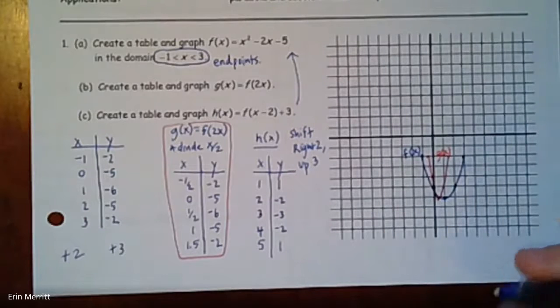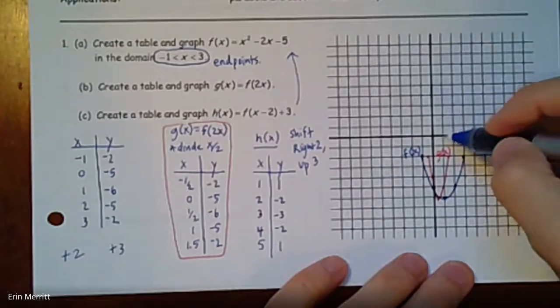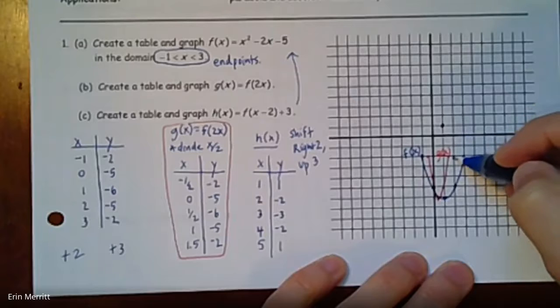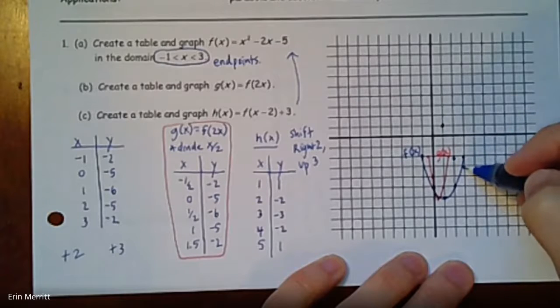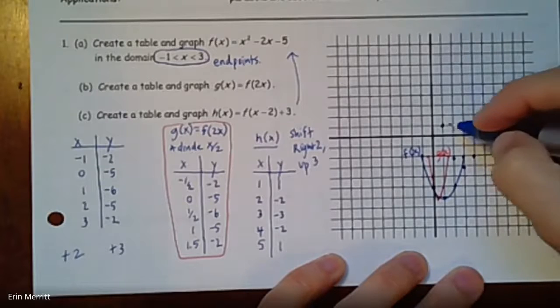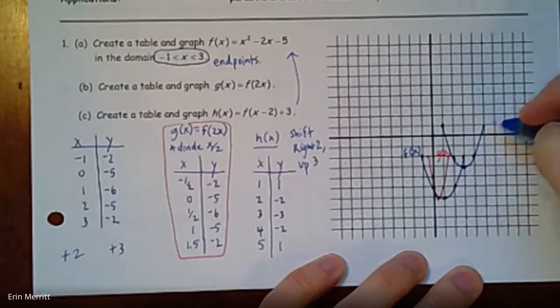I don't know if I have another color floating around over here, so I'll stick with my blue. So I'm going to go over to 1, 1, and then 2, -2, 3, -3, 4, -2, and 5, 1. And then I'm just going to label that as my h of x.